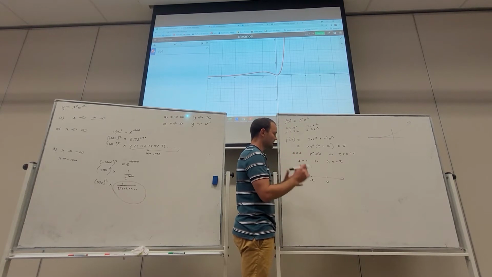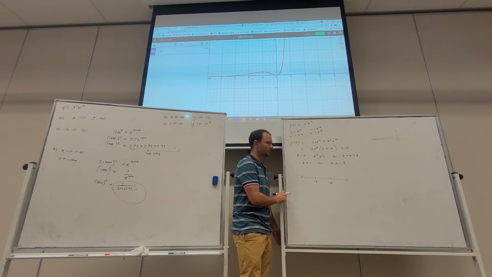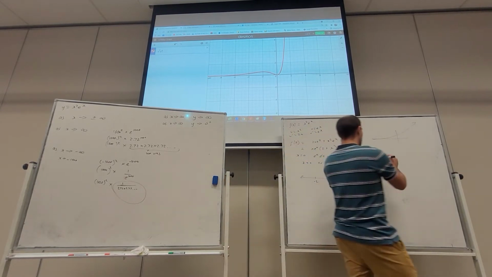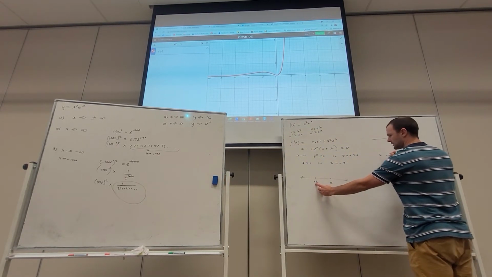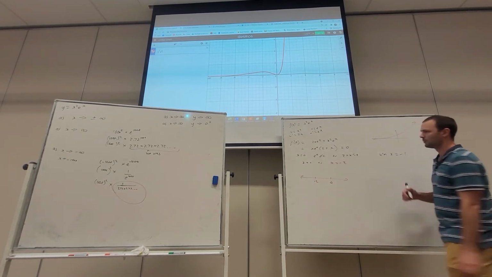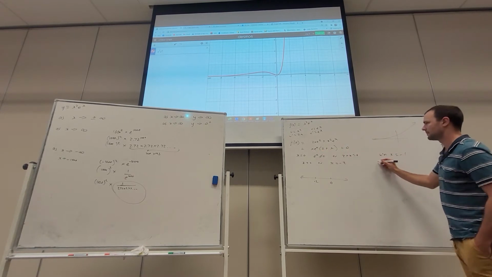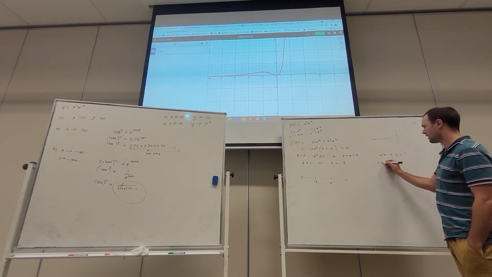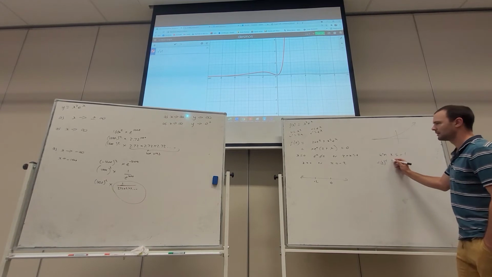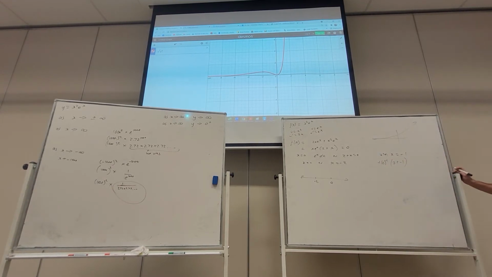Let's make a sine diagram with a mathematical argument. Let's choose a number between minus 2 and 0. We're going to say when x is minus 1. What's the value of the derivative when x is minus 1? It's going to be minus 1 times e to the power of minus 1 times 2 plus minus 1, 2 take 1.